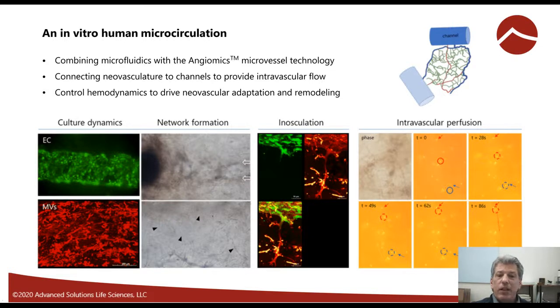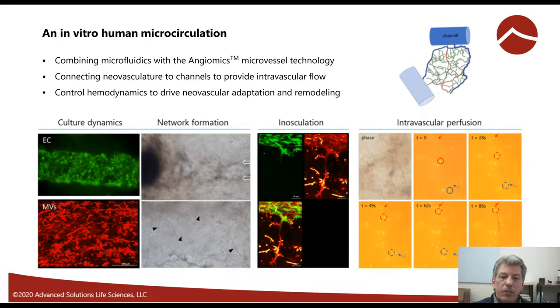But we're combining our microvessel technology, brand named Angiomics, with a microfluidic channel system such that we have, and on the upper right perhaps is the best schematic of that, where we have microfluidic channels that we then grow adjacent a neovasculature from our isolated microvessels, similar to what I've been talking about so far, and inducing them to connect or inoculate with the channel walls that have been lined with endothelial cells and form a network, and then start to, via intravascular perfusion and controlling hemodynamic cues, drive and mature that microcirculation.